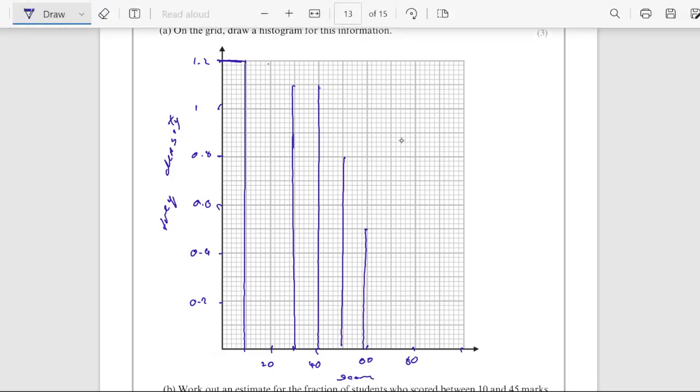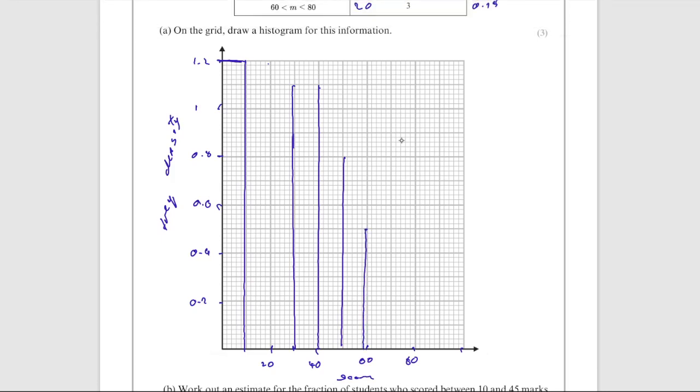And then finally, 60 to 80, and I want to go to 1.5, so that's going to go slap bang in the middle there, and then the top of my bars. And I've missed off, with my 2 bars, that should have been 0.9, so there we go. So that's my histogram drawn.